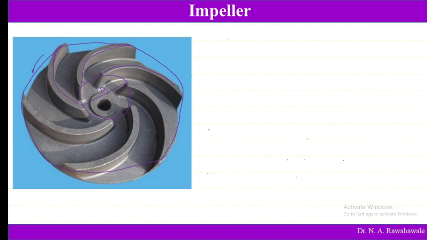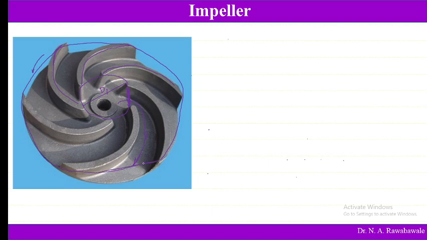And we can see here the area of cross section between two vanes. Water starts to move in this direction along this passage. The area of cross section at the inlet is small, and the area at the outlet is going to be larger.